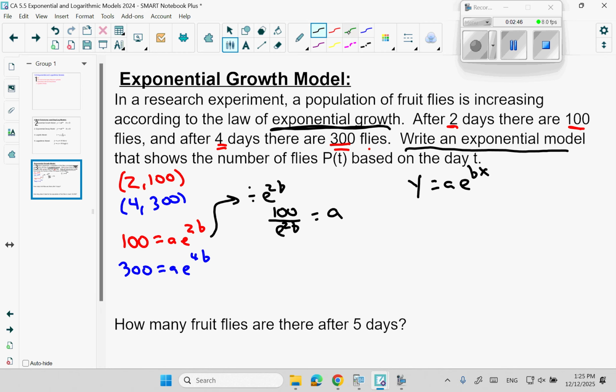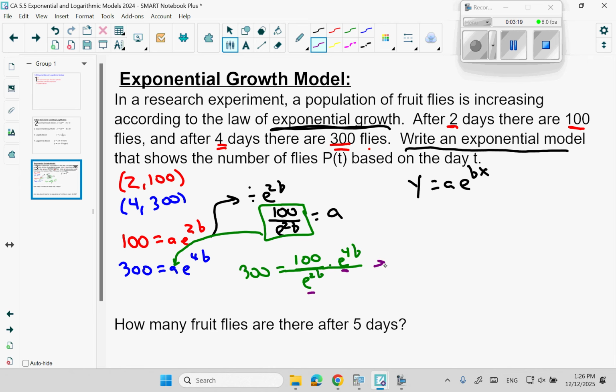Now that I have a by itself, I can take this entire piece and replace this a in the blue equation. So now we have 300 equals 100 over e to the power of 2b times e to the 4b. Well, I'm multiplying by e to the 4b, so that's functionally going to go on top. And now I have e to the 4b over e to the 2b, which dictates that I would just subtract their exponents.